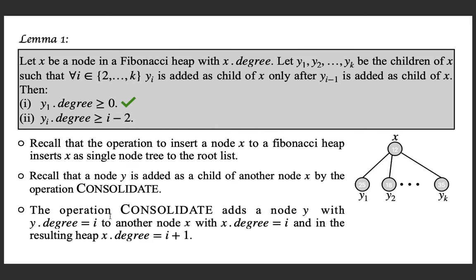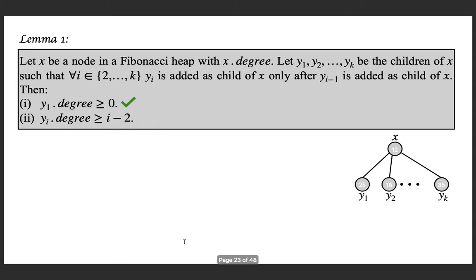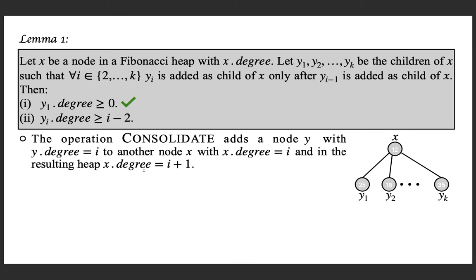So this is what I was trying to tell. The operation consolidate adds a node y with some degree, you take that degree as i, in the previous example 1, to the other node x with the same degree. This is what we know. Only when both the nodes have the same degree, you set one as the child of the other. So you are combining two trees with degree i each, and one becomes a child of the other. So the degree of the root node will be increased by 1. Previously it was i, now it is i plus 1. Copy that argument to here, exactly the same argument.